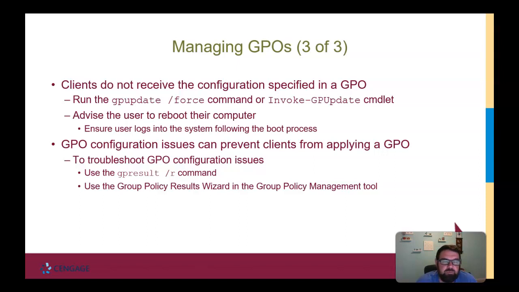I'm going to go over this in the lab, but gpresult /r gives you a command line printout, whereas if you run the rsop.msc command at a command prompt, it'll actually give you the look and feel of the normal group policy editor, and it's only going to show you the settings that were applied via GPOs, and it tells you which setting is being applied by which GPO, which is really important. So I go over that in the lab. I just wanted to mention that because it's not in the PowerPoint here.